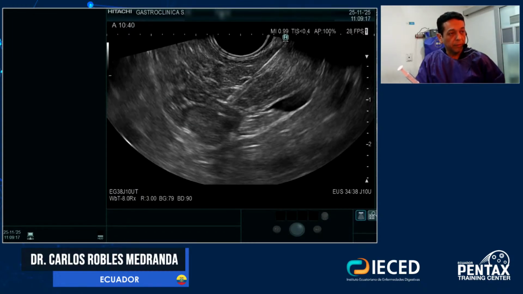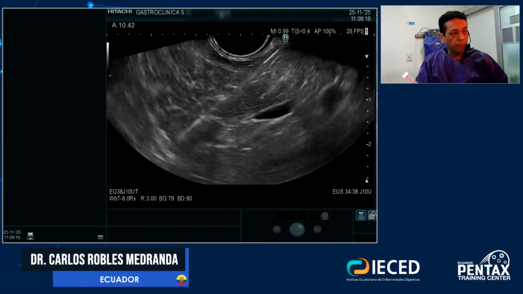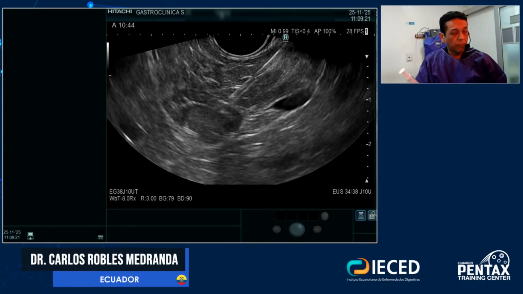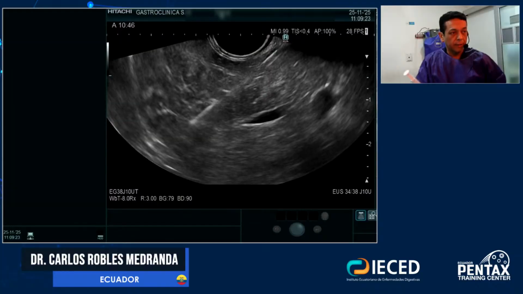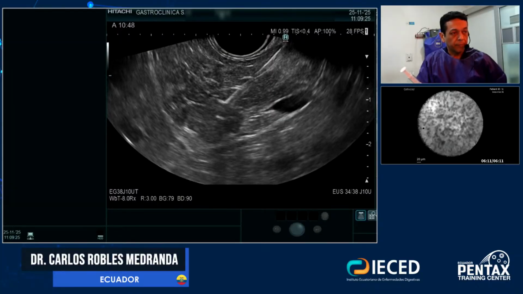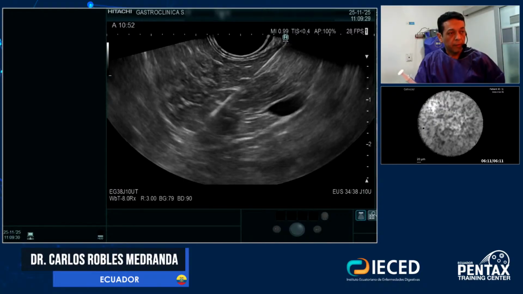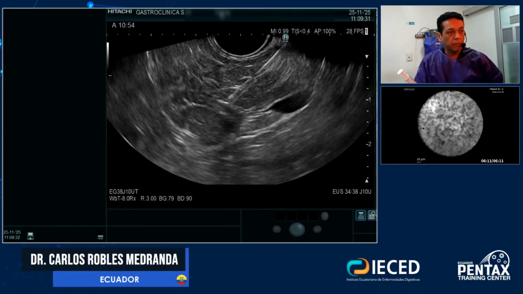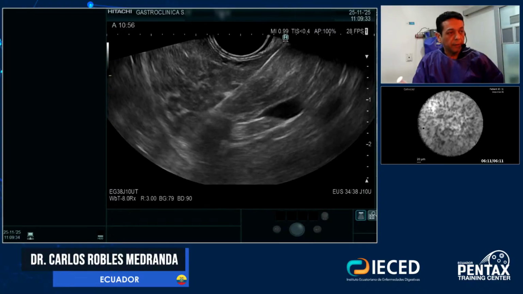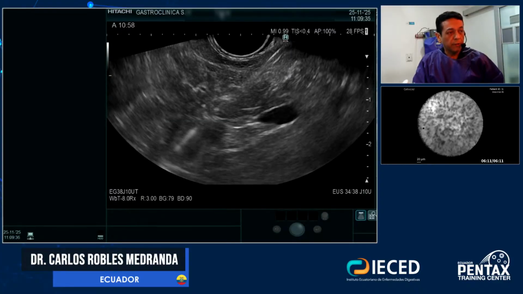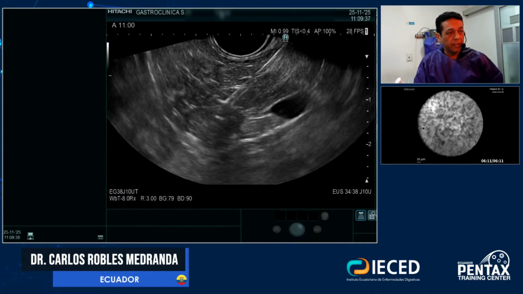For sure, if you don't have confocal, use at least the FMB. But if you have confocal, I believe confocal needs to be the first line, because it will give you a lot of idea what is going on inside.